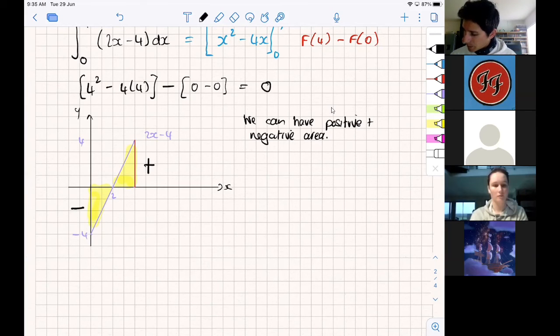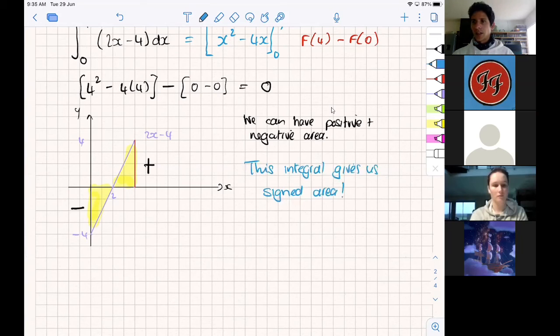So this integral gives us signed area. In other words, it takes into account that the area can be negative and positive at the same time, and adds them together.